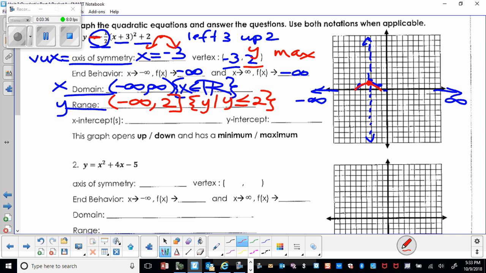All right. So now for the x-intercepts, I'm actually going to need to look at the graph. So I will go ahead and put that on my calculator. Now I know it's opening down because of the negative, right? A is negative. And so that means that it's going to be a maximum. All right, so for my x-intercepts and my y-intercept, I'll go ahead and put that into my calculator.